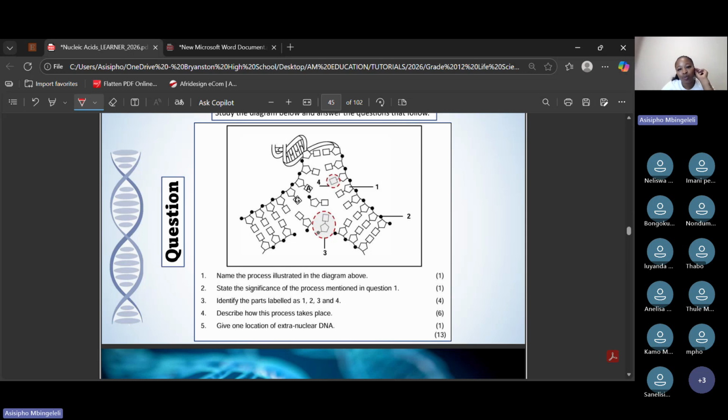Identify the parts labeled 1, 2, 3, and 4. There is 1 over here. There is 2. There is 3. And there is 4. Let's see who's going to give us all of these labels.